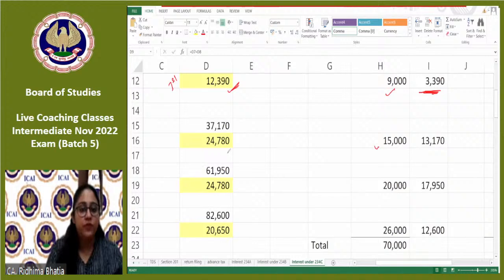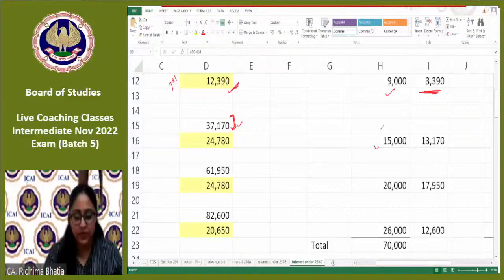Now shortfall for second: you have deposited 15,000. What should be the amount? 37,170, up to 45% should be deposited by 15 September. But what is the shortfall? 37,170 minus 9,000 minus 15,000, because the tax which you have deposited up till September is this plus this.